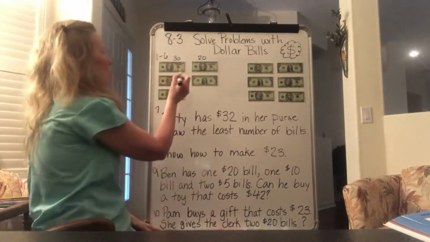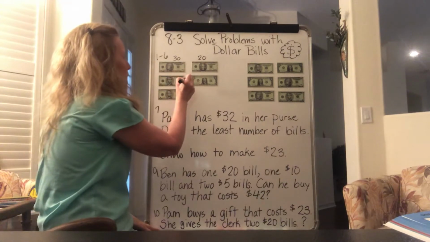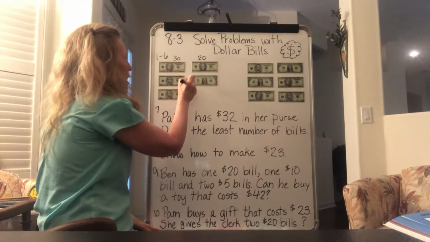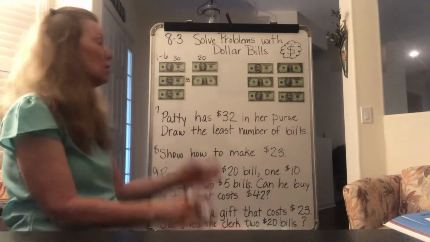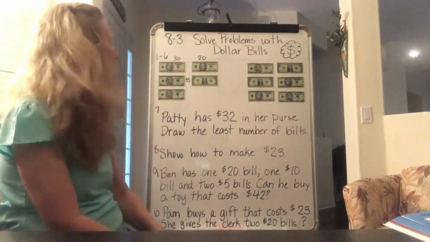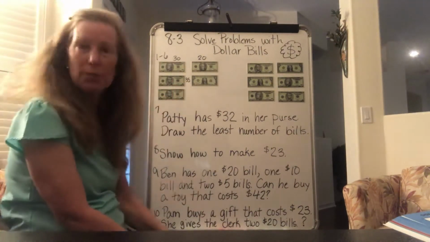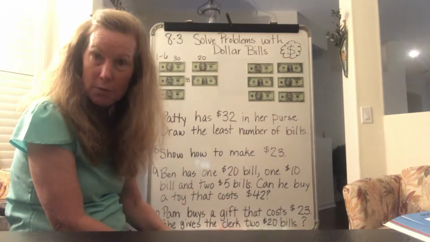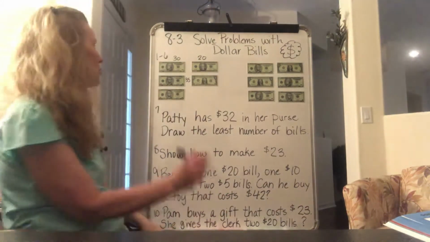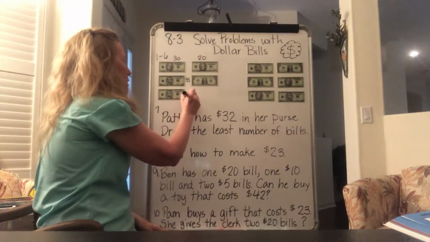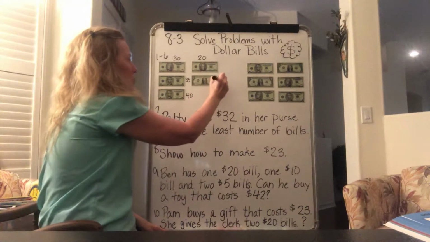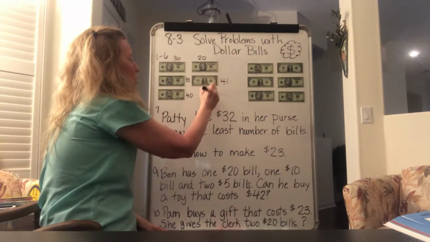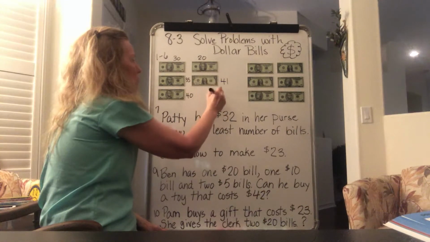All right, so now I'm at 35. Now I don't have room, but I do out to the side. So, wherever you have room. 35. And then I have another 5. Okay, well, what comes after 35 if you're counting by 5s? That's right, it's 40. So I'm gonna write 40. And then I'm gonna go to my last one. It's 41. So boys and girls, my answer is 41.